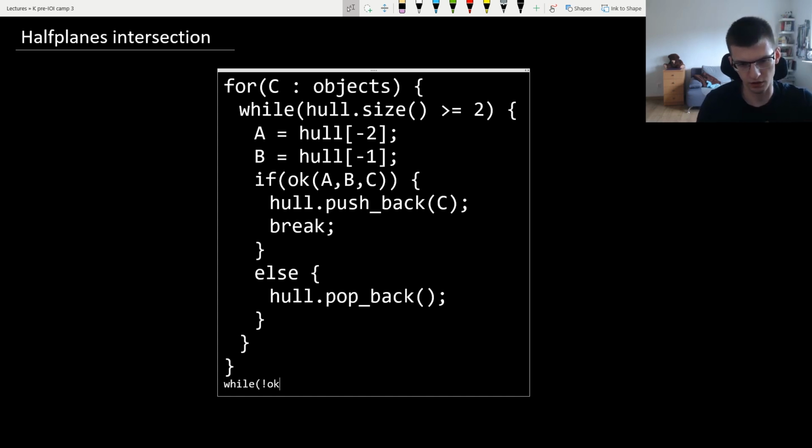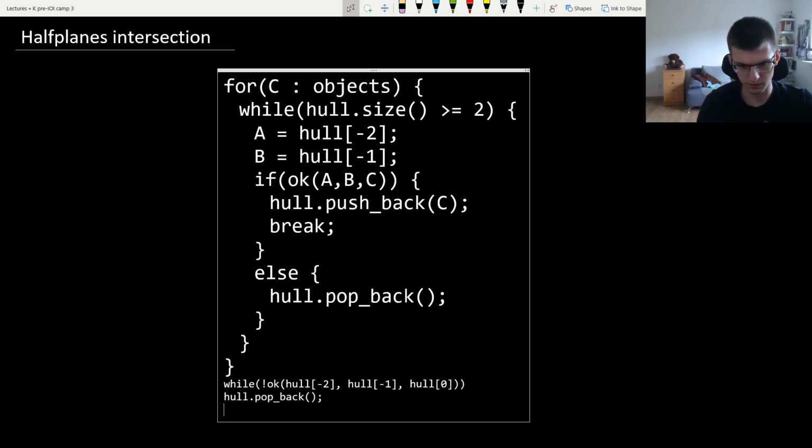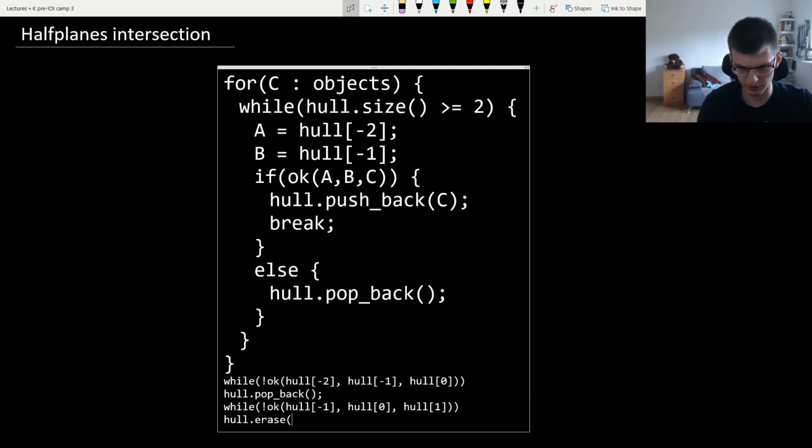While not awk of hull of -2, hull of -1, and hull of 0, hull pop back, and while not awk of hull of -1, hull of 0, hull of 1, hull dot erase 0.